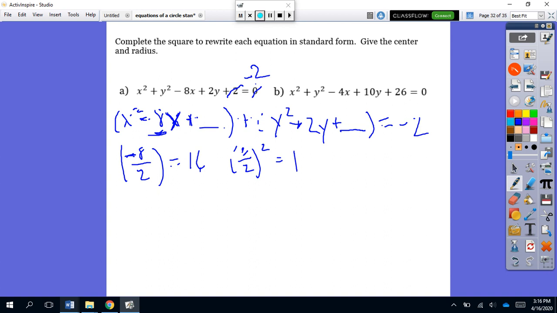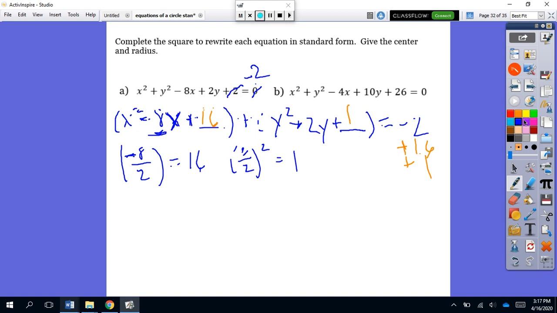Okay, and then we're going to add that inside. So 16 goes here and here, and then the 1 goes here. Don't forget to do it on both sides. Okay, I'm going to let you finish. So stop the video, finish that problem, and then do the second one.